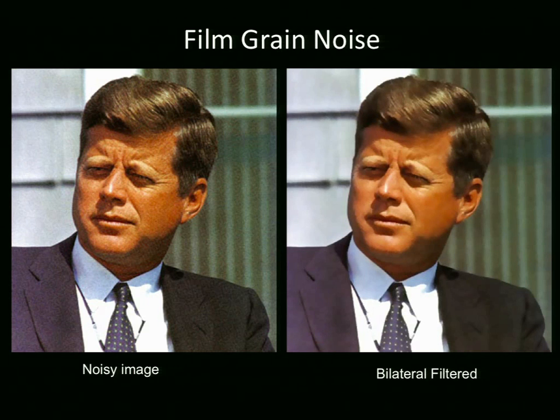The image on the right is a bilateral filtered version of this. So the noise has been reduced. The next one is this LARK filter that I mentioned to you that uses the geodesic distance. And the third one is the BM3D filter, which, as probably many of you know, is the state-of-the-art patch-based denoising algorithm. And these are all based on the same principle.